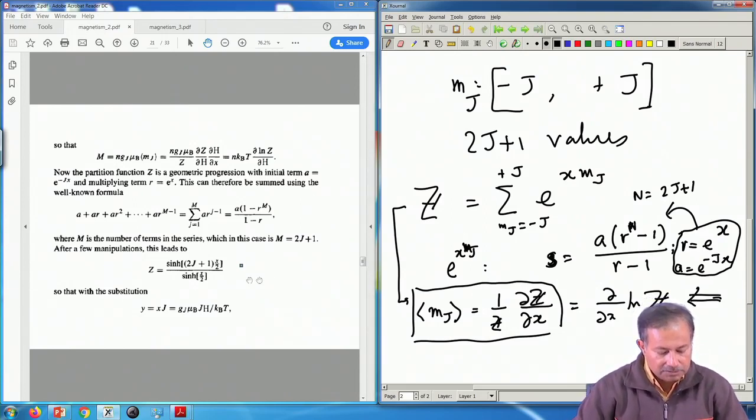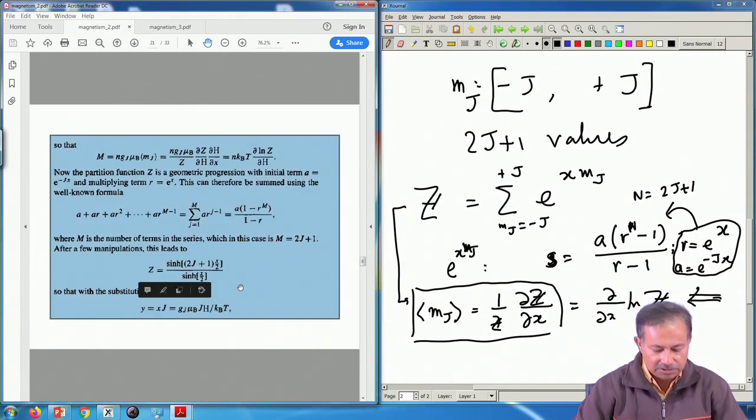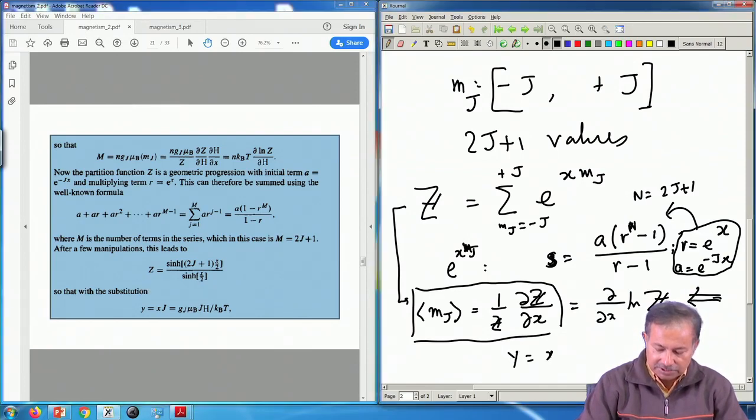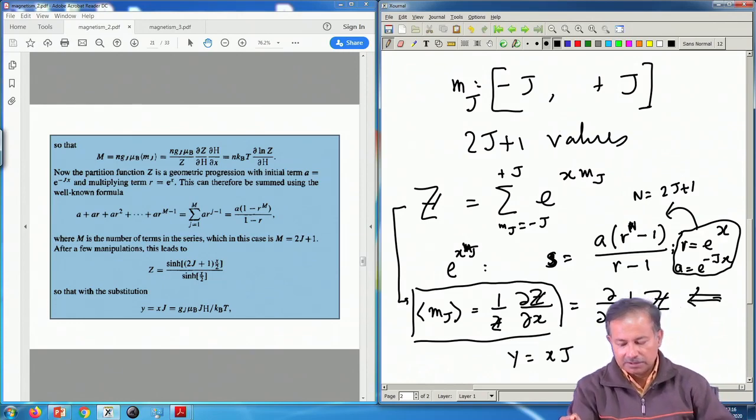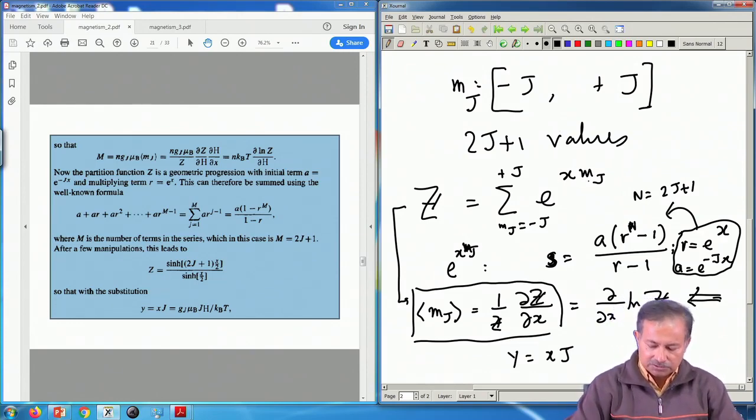Once you do that, you do a substitution: write y equal to x times j, which again gives you back the factor that we had in the numerator. The numerator has mj, which ran from minus j to plus j.